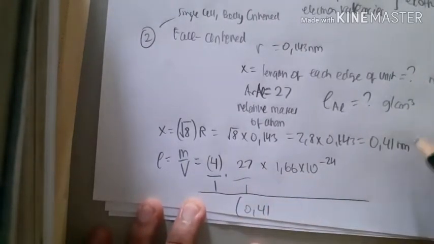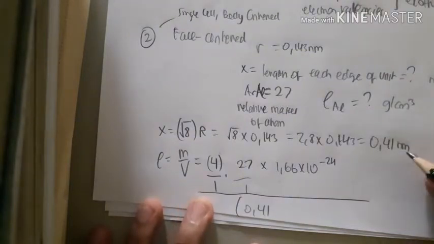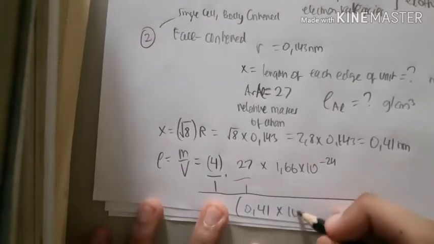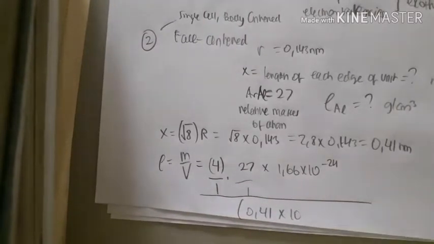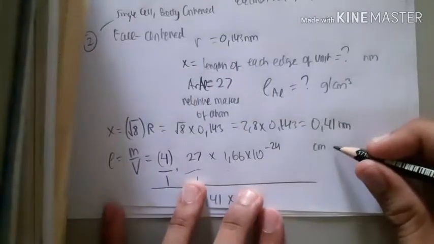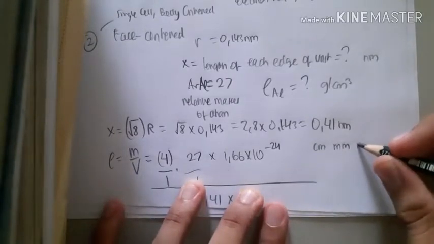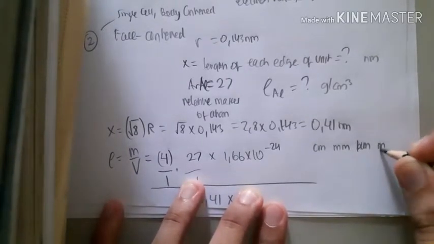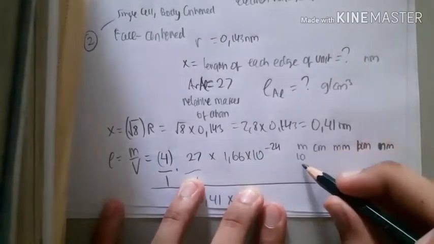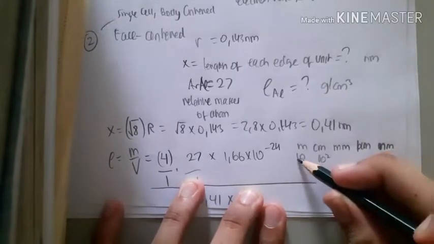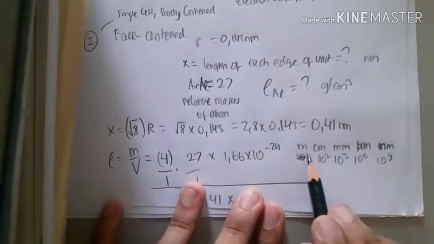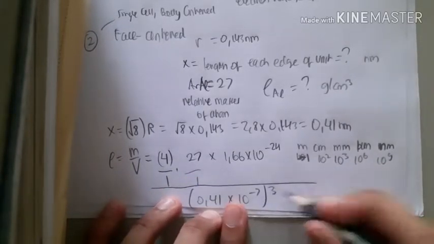And remember, this is in nanometer, so change it to centimeter cubed. Just multiply by 10 to the power of minus 7 to the third. You can write centimeter, millimeter, micrometer, and nanometer: from meter, 10 to the power of 2, 3, 6, and 9.